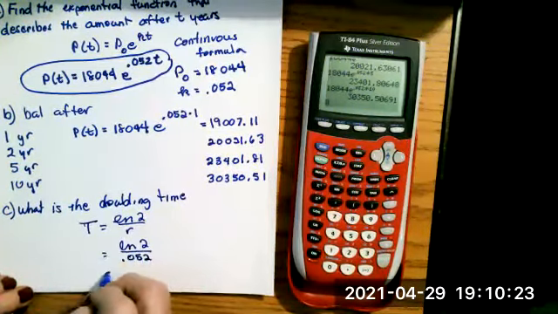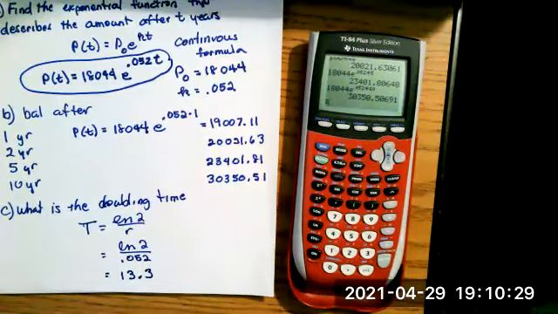And you get 13.3. It will double in 13.3 years. That's the doubling formula. Any questions on that one?